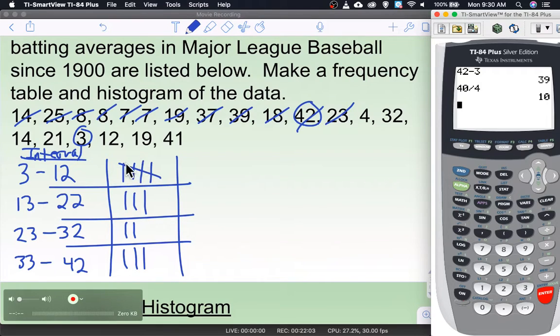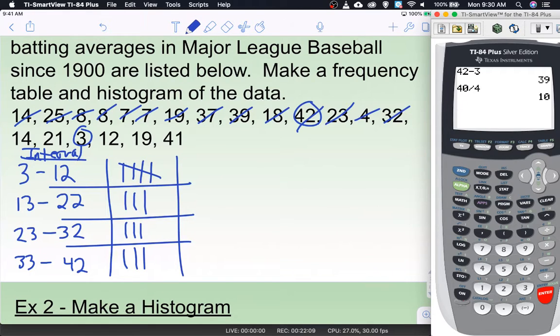Remember how you make fence posts? Every little group of fence posts is 5. 32, 14, 21, 3, 12, 19, 41. So there is 7, 6, 3, 4.